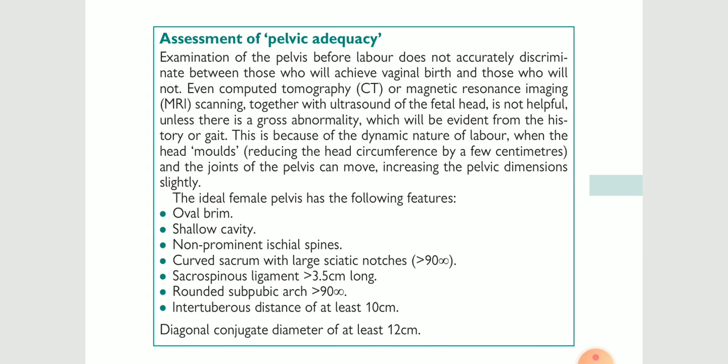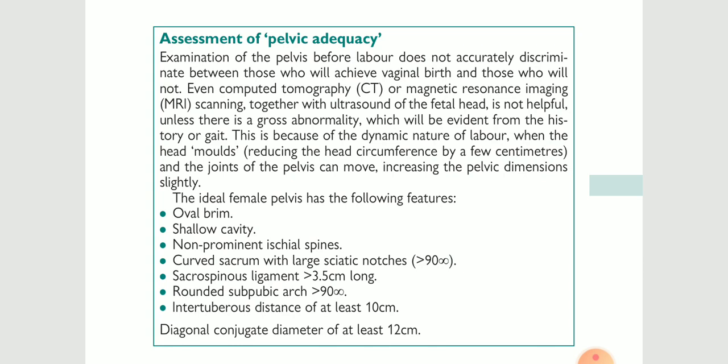Number 5, the sacrospinous ligament should be more than 3.5 centimeters long. Then the subpubic arch should be more than 90 degrees, and the intertuberous distance, the distance between the ischial tubercles, should be at least 10 centimeters, and the diagonal conjugate diameter at least 12 centimeters.